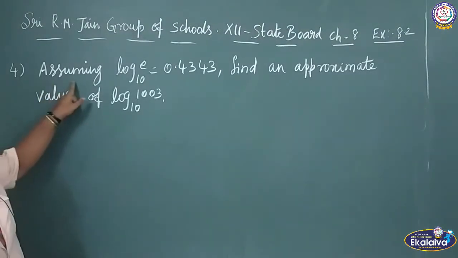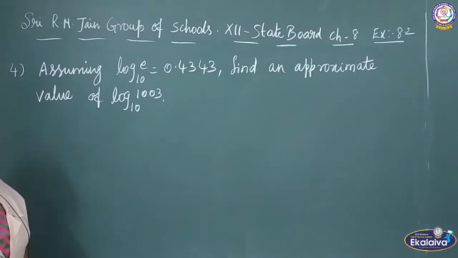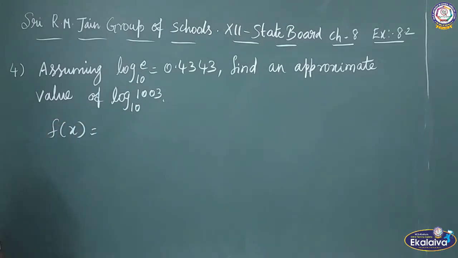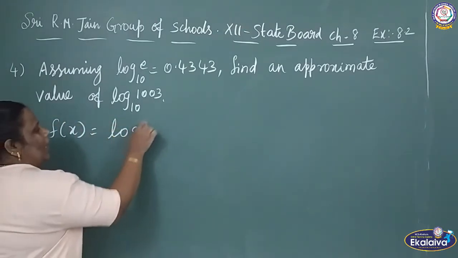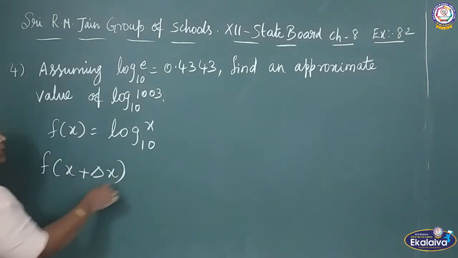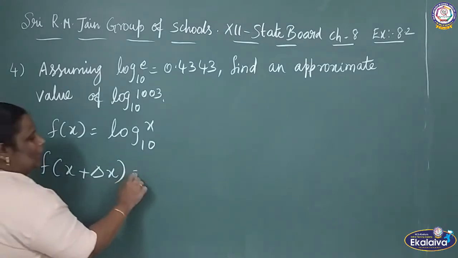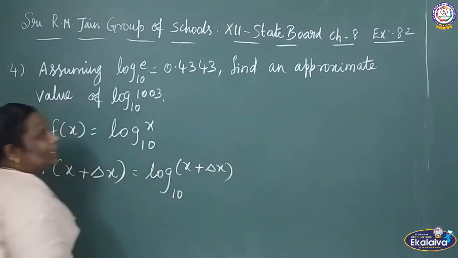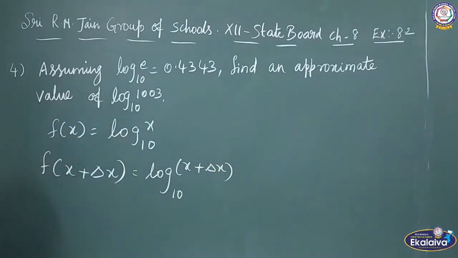See the fourth sum. Assuming log e base 10 equal to 0.4343, find an approximate value of log of 1003 base 10. See, first you can take it as f of x equal to log x base 10. So f of x plus delta x equal to log of x plus delta x base 10. 1003, so x plus delta x equal to 1003.